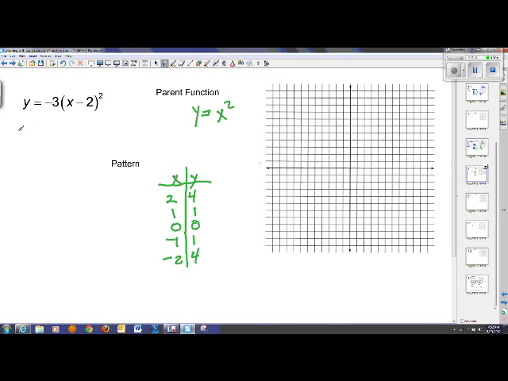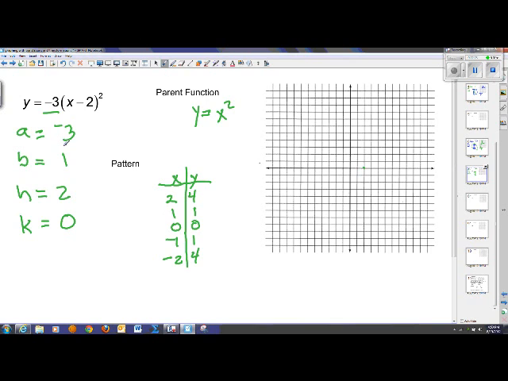Identifying our A, B, H, and K. A in this case is now the number in front of the function, or negative 3. B, there's no fraction within the function, so that's going to be 1 again. H is a 2, and since there is no addition at the end of this, I'm going to give the K value 0. So I'm going to move 2 to the right, put a dot, and call that my new fictional set of axes.